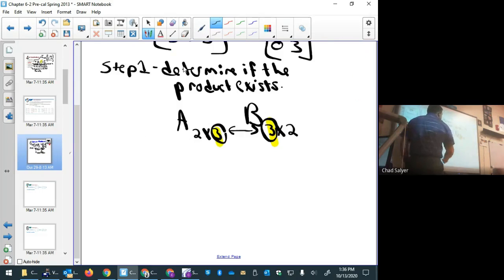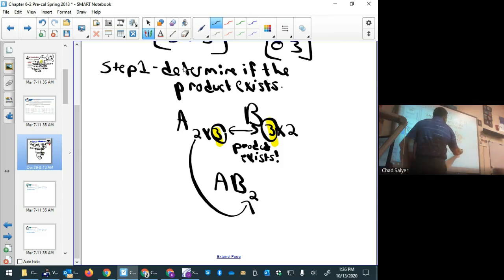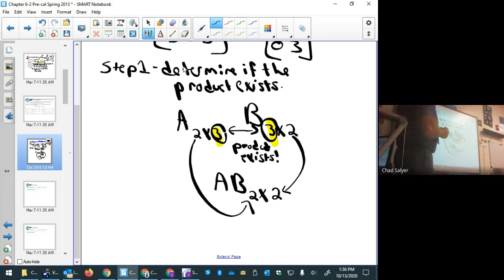In this case, they do, and so the product exists. If they don't match, the product does not exist. If it exists, we'll name it by using both of the variables together, and it will take its rows from the first matrix and its columns from the second. So the product exists, and it will be a 2 by 2 matrix.